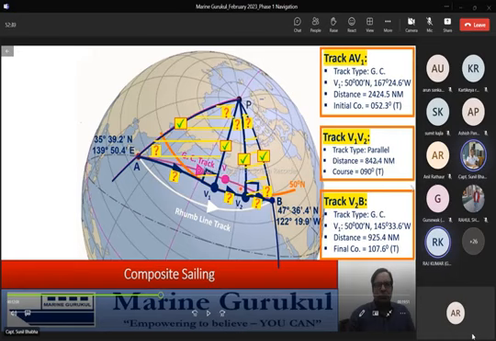Distance between V1 V2, beta? Yes, sir. Beta, departure is the distance. We just saw the departure formula. Departure is equal to D long into cos of M lat. Okay, sir. Departure is the distance.